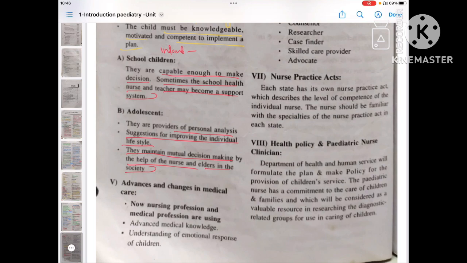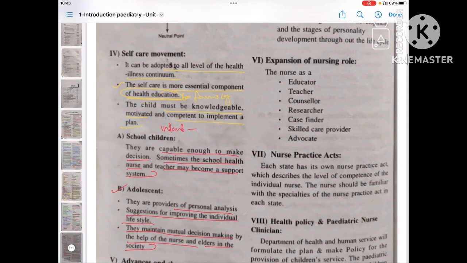They know what suggestions to take, what they have to do and what they shouldn't do. They will ask others to take good decisions. So that is the adolescent. This will come under the self-care movement.